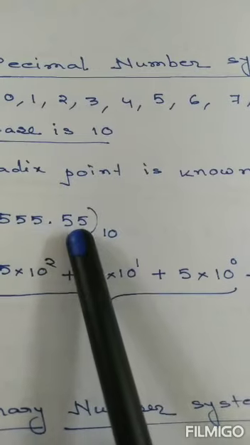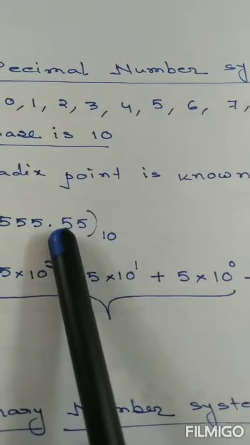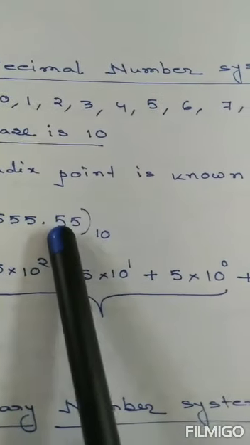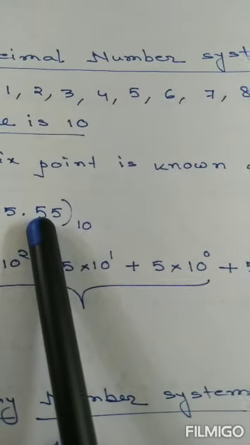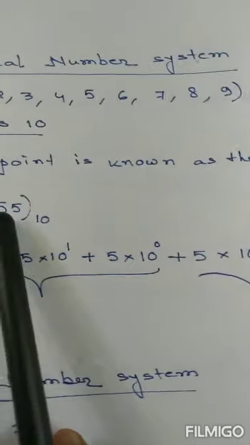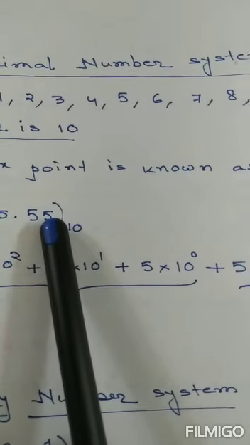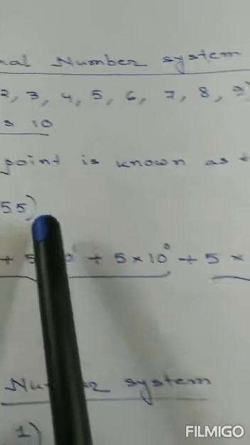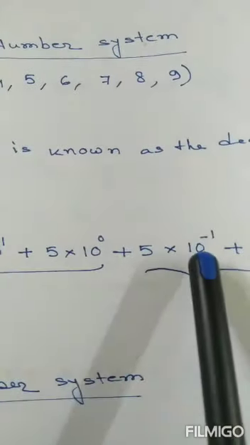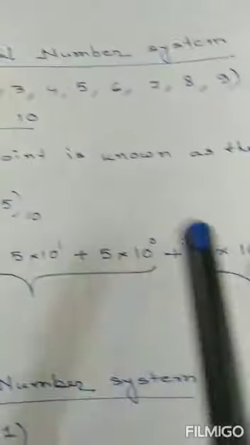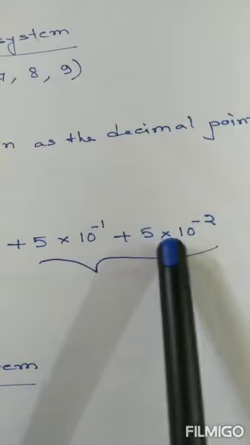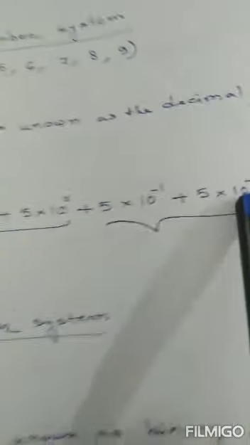That is after the radix point. Start from this 5 and go this way. The weightage of the first 5 is 10 to the power minus 1, and for the next position, 10 to the power minus 2. So for the first 5, the value is 5 into 10 to the power minus 1, and for the second 5, the value is 5 into 10 to the power minus 2.